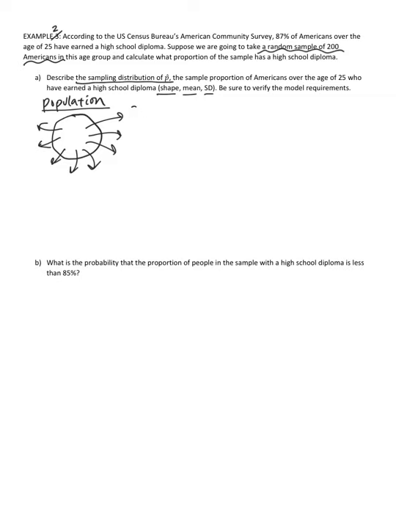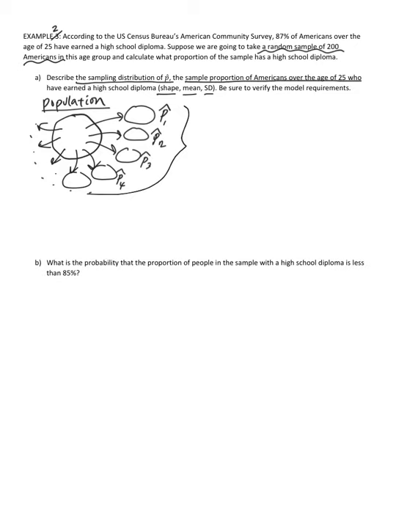Then you find the sample proportion p hat for each sample, so p1 hat, p2 hat, p3 hat, and so on. Each p hat represents the sample proportion of Americans over the age of 25 who have earned a high school diploma. Then you make a distribution of these p hats. So what is the shape of the distribution?